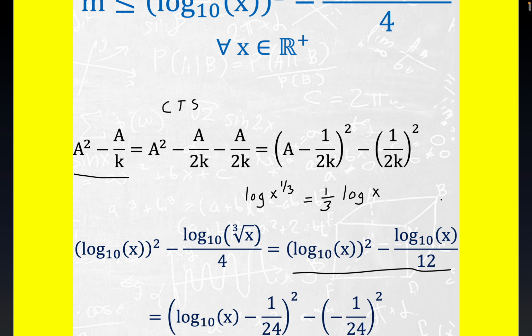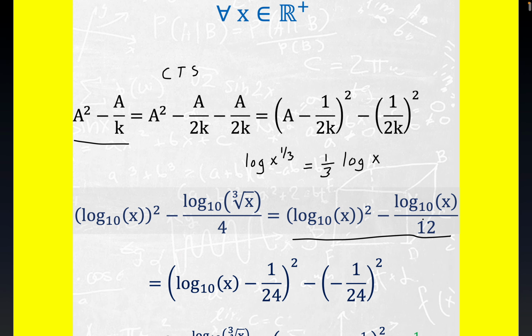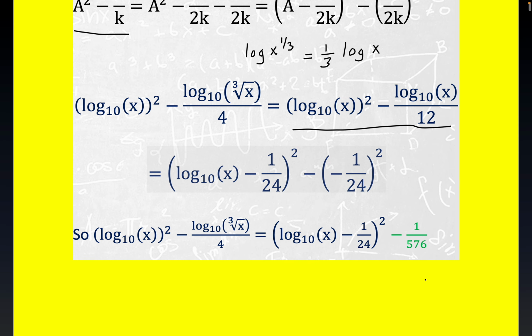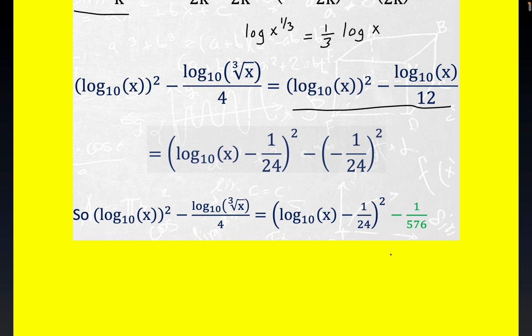All right, now, so here we go, and I won't say much now. This is exactly what we just talked about up here. Not much to say, it's all written down. And so we get this minus 1 over 576. So that right there, as long as this part can be equal to 0, is going to be our absolute minimum value, which means our range will be every number greater than or equal to minus 1 over 576.